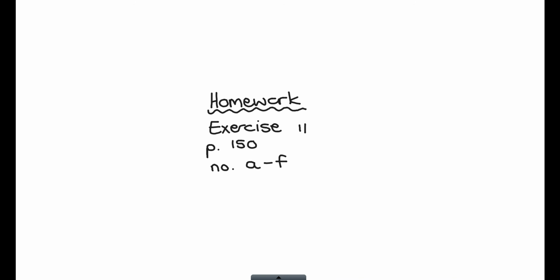Jy sal sien op daai bladsy. Is dit gemeng? So far we've done straight line and then we did parabola. So now I'm giving you an example of mixed together, those two. Okay? So dan gaan jy daai huiswerk, daai bladsy, is dan môre huiswerk, which we will be marking on Wednesday. All right. You guys good?